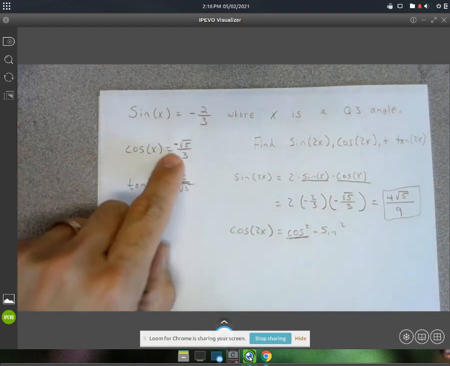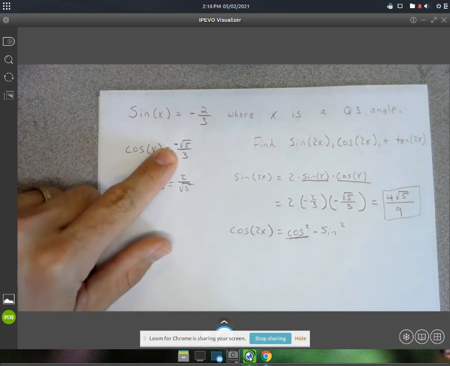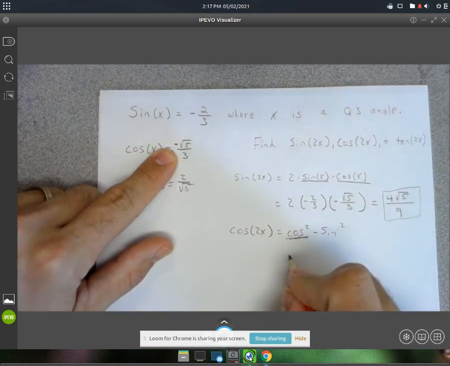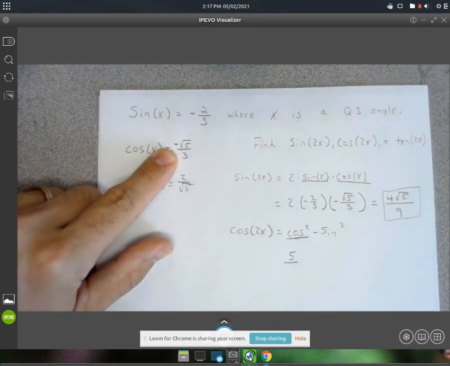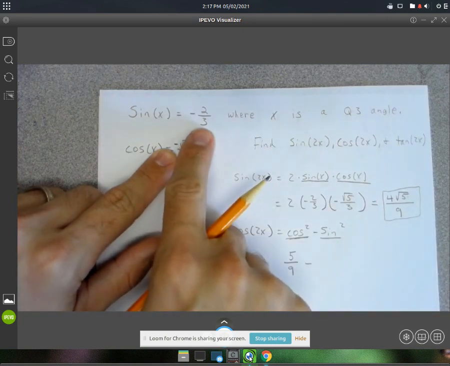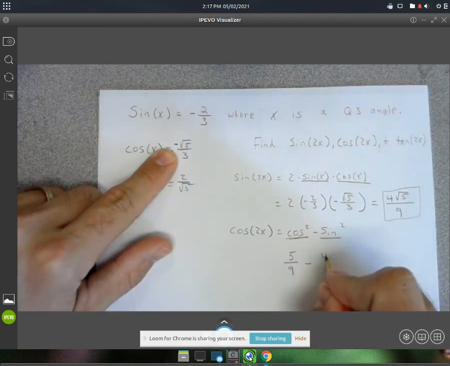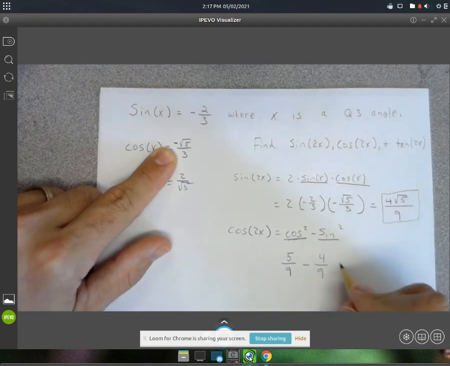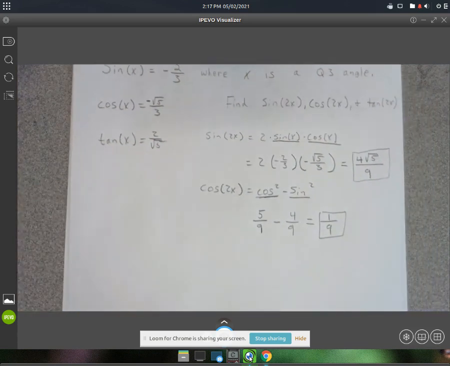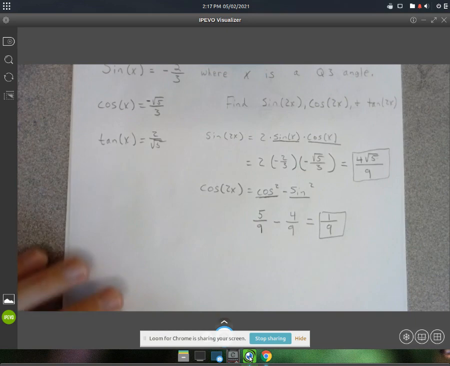All right, cosine squared, the negative just goes away, and your square root ends up going away. So you wind up with a 5 on top, and then your 3 is going to become a 9. All right, and then minus sine squared. So we'll do 2/3 times 2/3. That'll end up being 4/9. And this will end up becoming 1/9. Nice. There's your cosine of 2x. Not too bad. And again, it's positive.